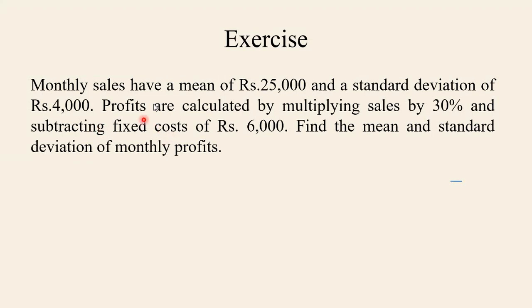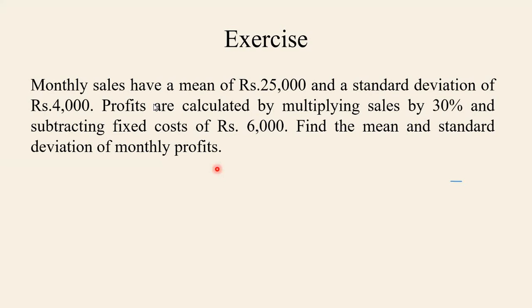Then we calculate the profit, that is, multiplying sales by 30% and subtracting the fixed cost. So profit is calculated based on the monthly sales and the fixed cost of 6,000. Now, using these distributional values, we have to find the mean and the standard deviation of monthly profit.